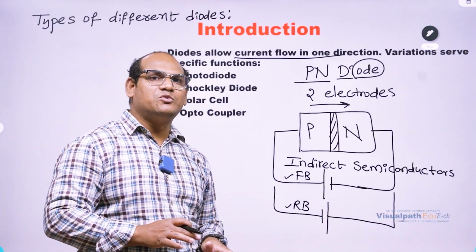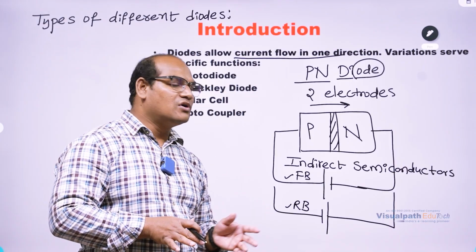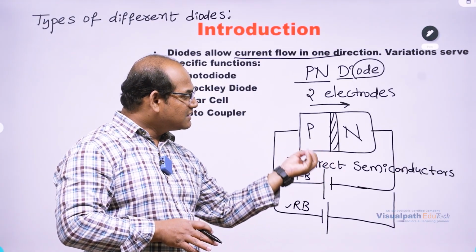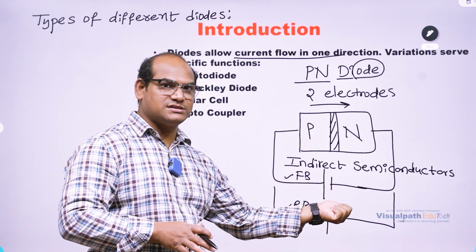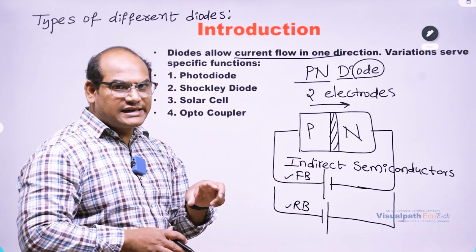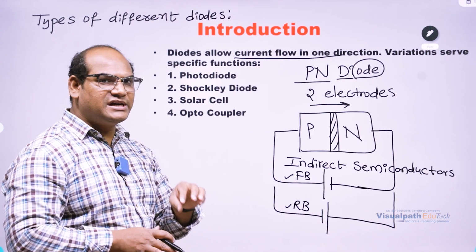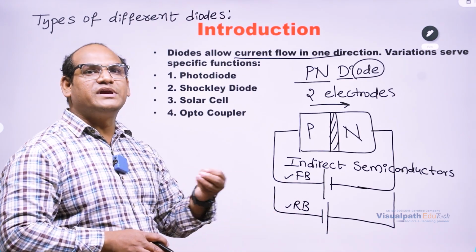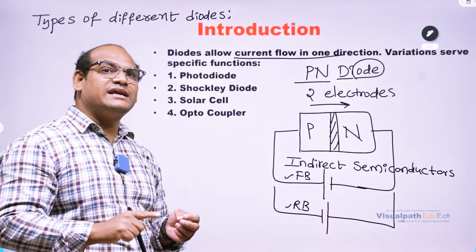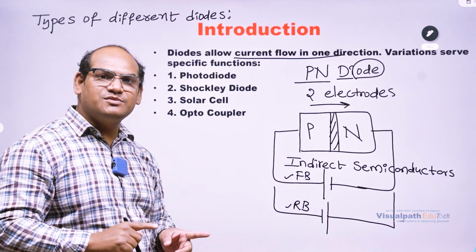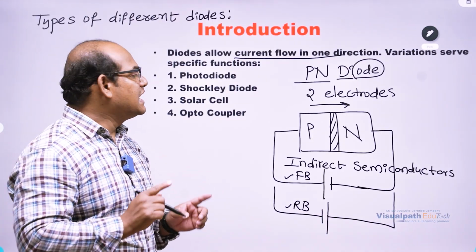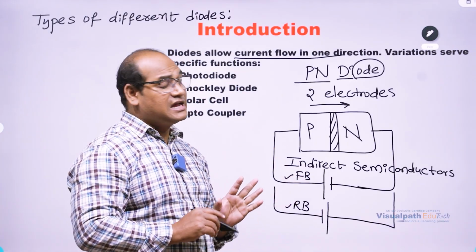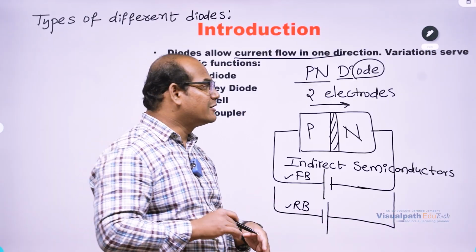So we can say there is current flow in the PN junction diode from p-type to n-type when it is operated under forward bias. If you neglect the little current from n-type to p-type under reverse bias, we can say current flow is possible in only one direction in the PN junction diode, that is, when operated under forward bias, and that too from p side to n side only.